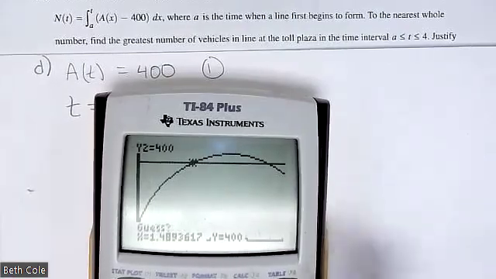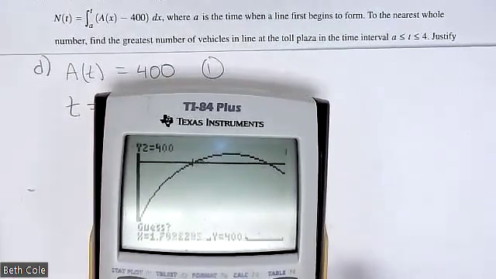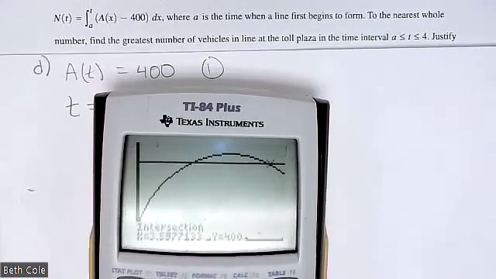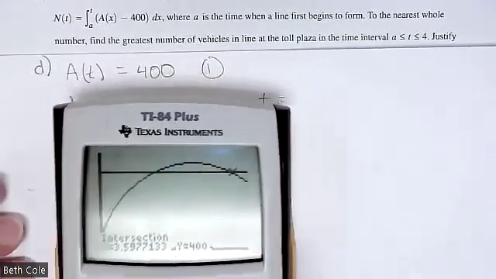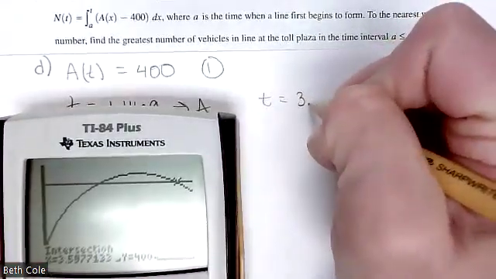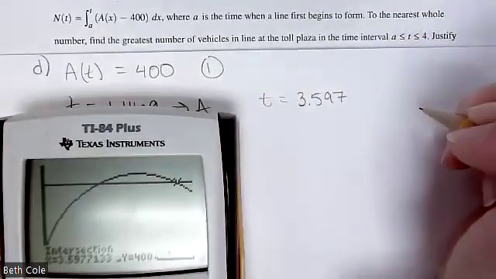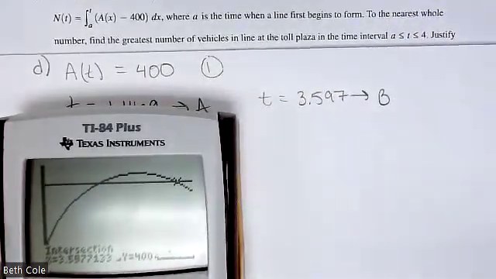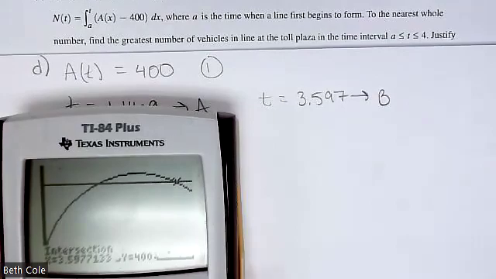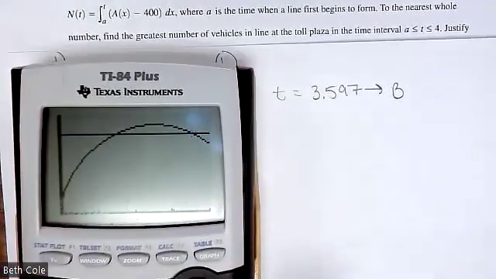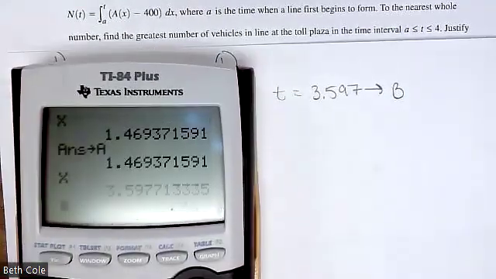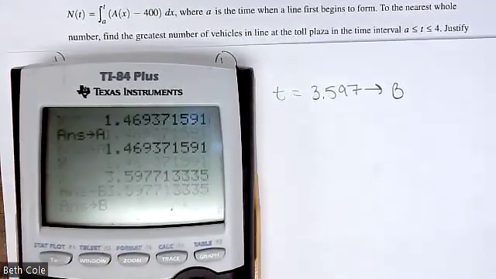Just for the guess this time, you're just hitting enter a bunch of times, but for the guess, put the cursor closer to the other one. It will give you whichever one it's closest to. And so repeat the process, clear out of there, bring it back, and store it as B.